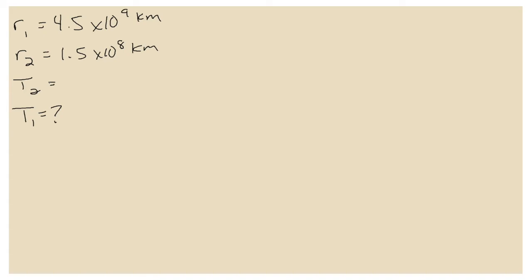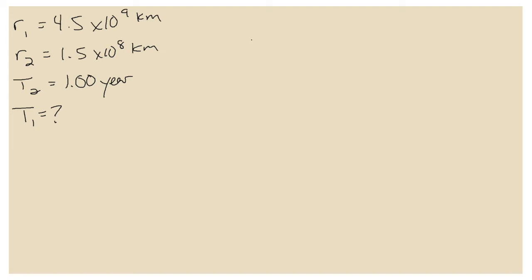And so what I'm going to do, just to make my life easy, is say the period is 1 year. That's it. Notice 1 is an easy number to square. And if I really need it in seconds afterwards, well, I could just take my answer in years and convert that to seconds. And so we're in business.